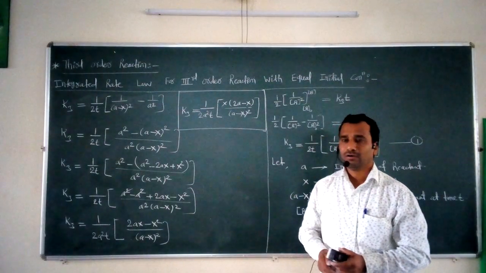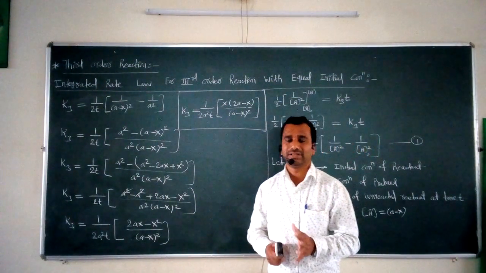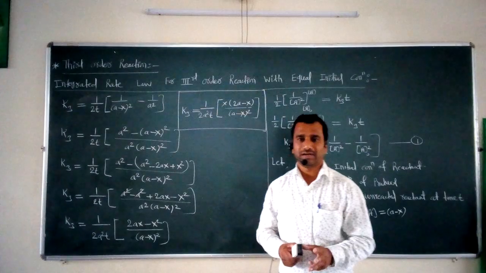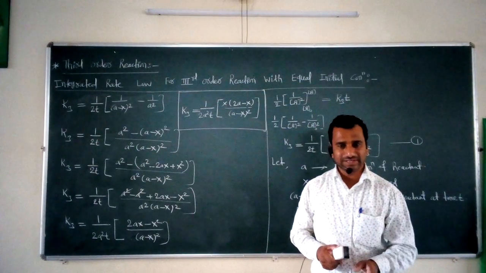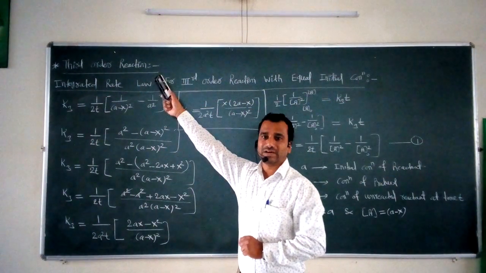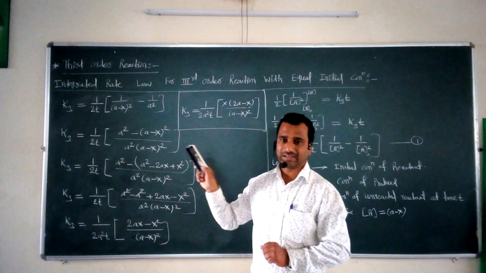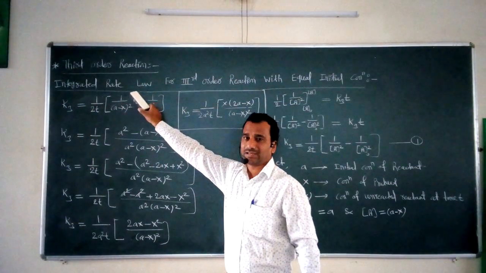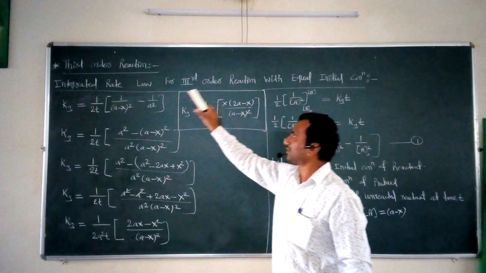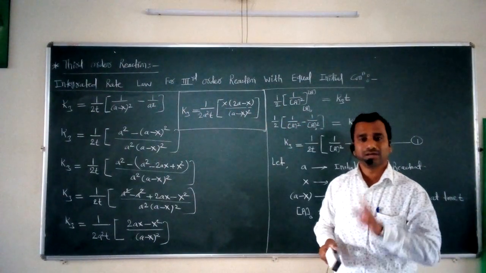So today we studied two simple and important concepts from the chapter chemical kinetics. First concept is what is meant by the third order reaction, and related to that we derive one rate equation that is called the integrated rate law for third order reaction with equal initial concentration.